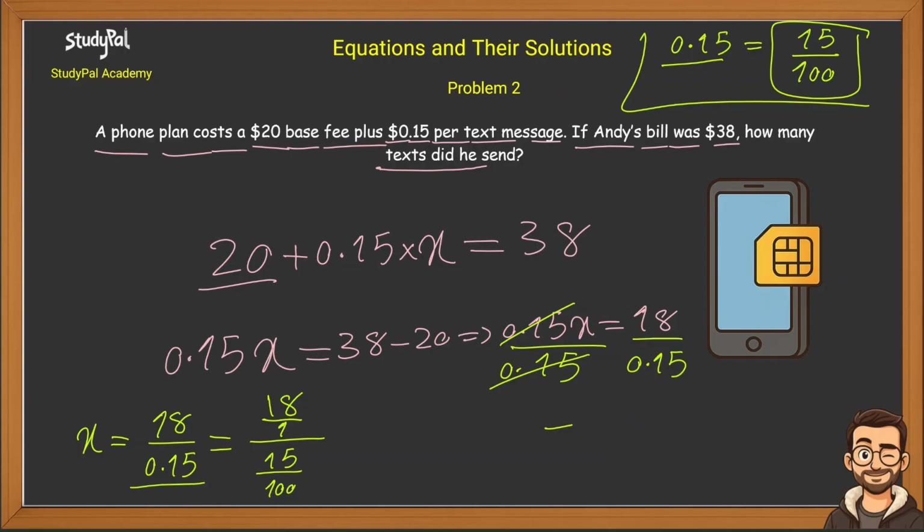But we have a fraction here, and these two form another fraction, a bigger fraction. So the trick is, this multiplied by that, and the result goes to the numerator. So 18 times 100.